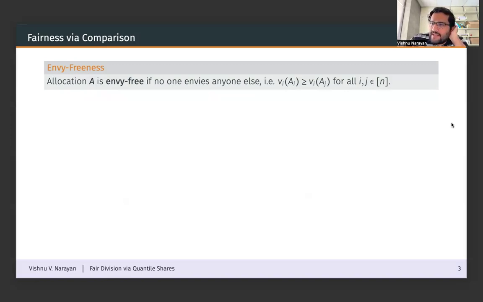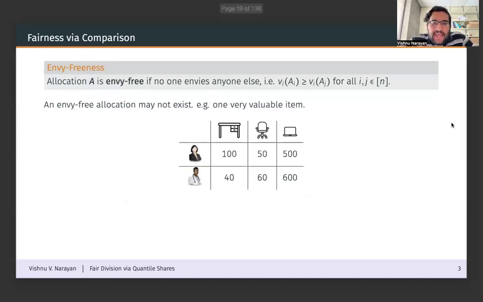So when the items are divisible, envy-free allocations always exist under very mild assumptions. This is well known from the cake cutting literature. But of course, when the items are indivisible, an envy-free allocation may not exist. This is very easy to see. For example, with one very valuable item. So in the example we already had, the laptop has much higher value than the other two items. So however you partition these items between the two agents, the agent that gets the laptop is going to be envied by the other agent.